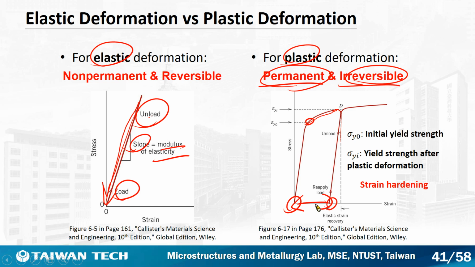We have a distance here. This is what we call irreversible plastic deformation. But it still goes back a little bit. This is called elastic strain recovery. So you need to know that when the strain is larger than the yield point, we will have plastic deformation, but we still have a certain amount of elastic deformation.